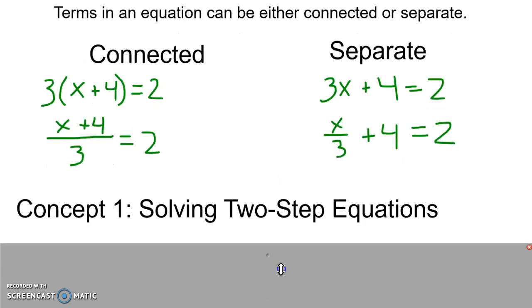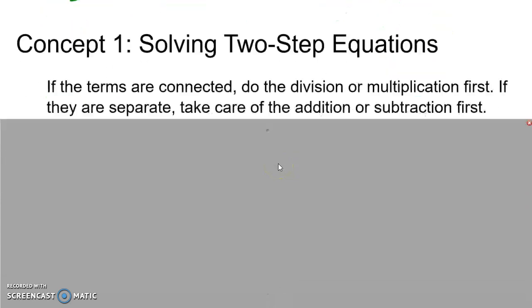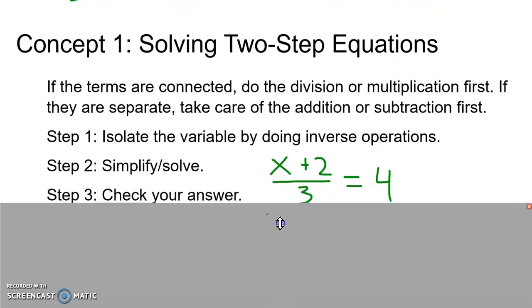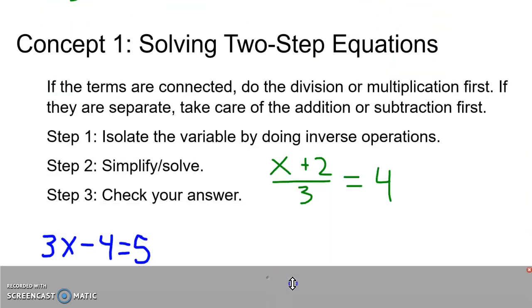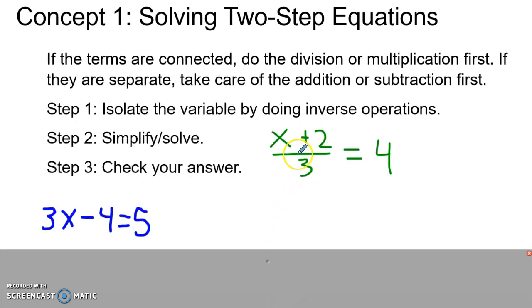All right, so when we're solving them in concept 1, if they are connected, like this one, this is connected because the division is acting both on the variable and the constant. We have to first take care of this division.